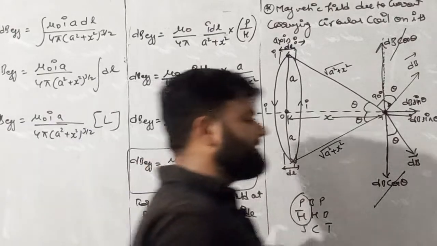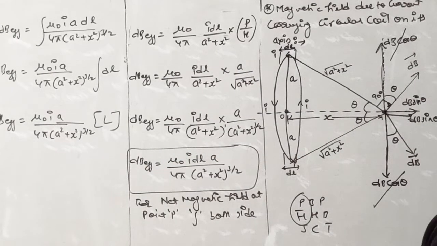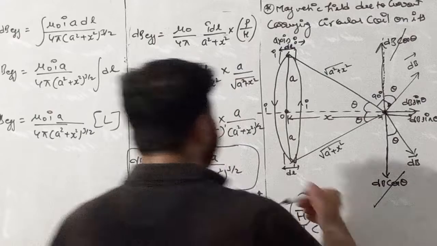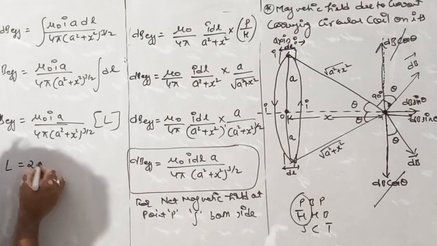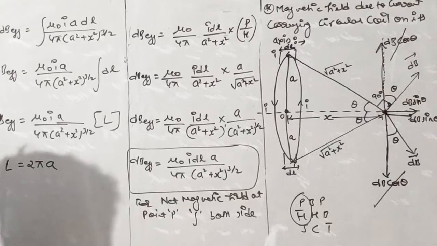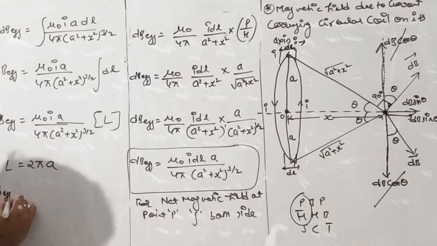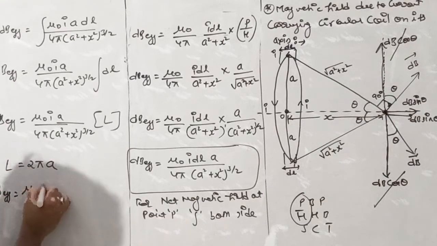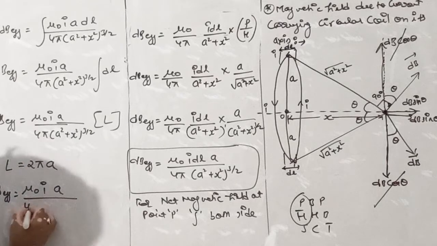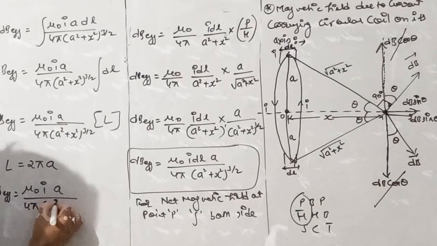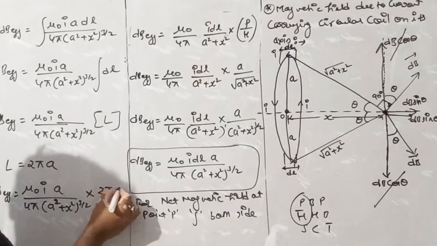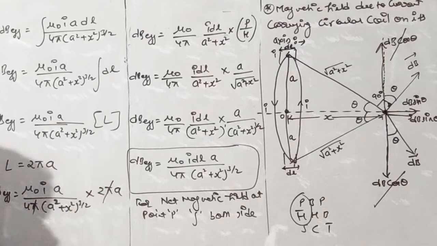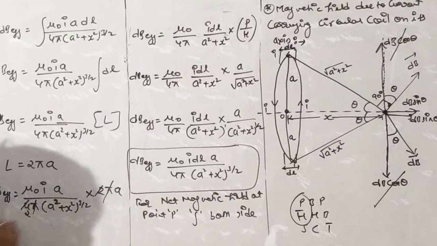Integration of dl is nothing but, my dear student, L. L is basically the length of the circular loop. It must equal the circumference. So 2 pi r means 2 pi a. So B effective becomes equal to mu naught I by 4 pi a square plus x square raised to the power 3 by 2 multiplied by 2 pi a. Pi gets cancelled, 2 ones are 2, 2 twos are 4.